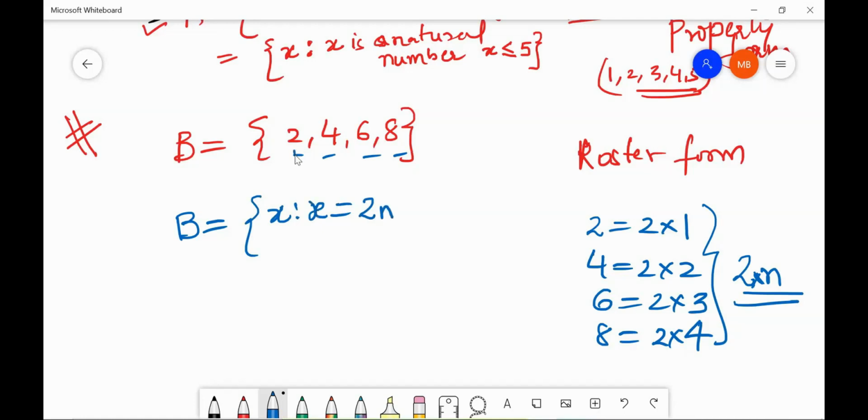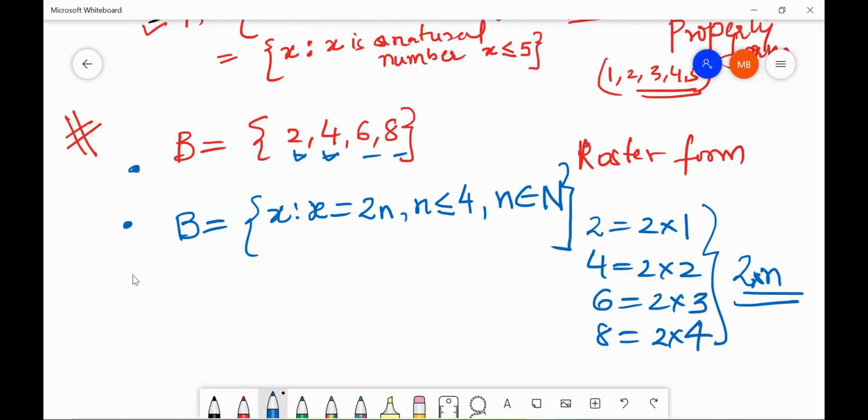So each element is equal to 2n, where n is less than or equal to 4. So n can be 1, 2, 3, 4. Can it be 0? No, it cannot be 0, because we'll specify that n belongs to natural numbers, so we cannot take 0. So this is how we have converted this roster form into the set builder form.